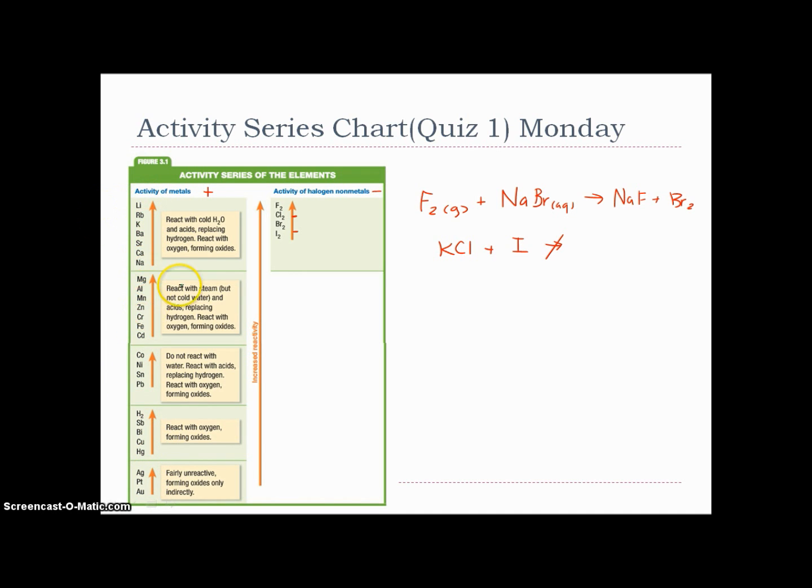We have to know which things are more reactive, and these are the descriptions. You won't need to know these. I'm most concerned with you knowing if lithium is more reactive than sodium. I've had a lot of students in the past make up little songs, and if you look at where these are on the periodic table, it'll give you a good idea of where these are as well.